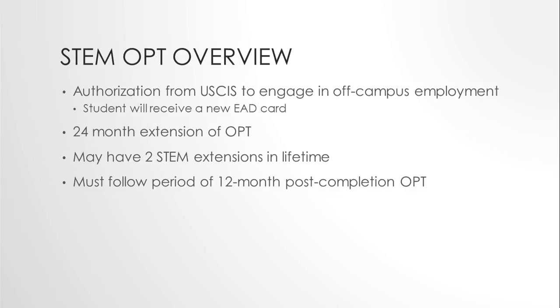And so it allows them to continue to engage in employment after they have completed the first 12 months of their OPT. And the US government just recently changed it. So now a student can potentially use two 24-month STEM extensions in their lifetime. The regulation used to state that students were only eligible to use one during their lifetime.